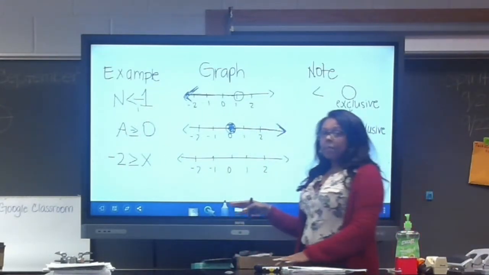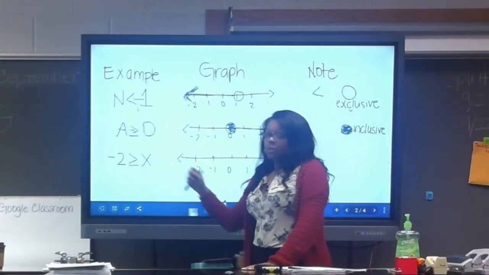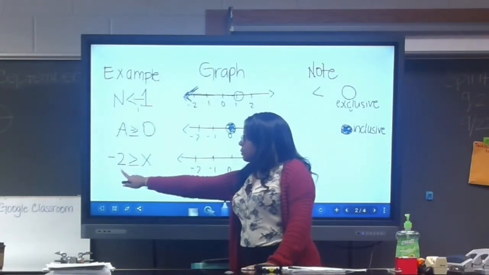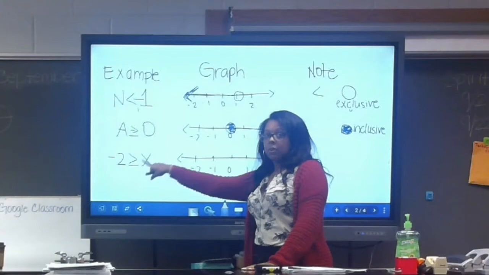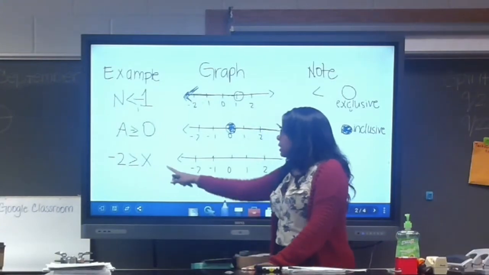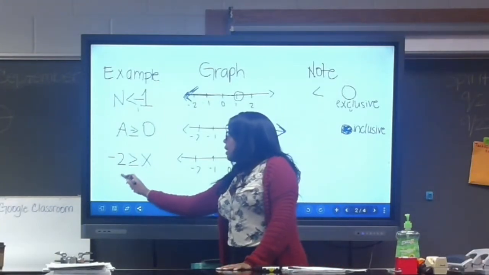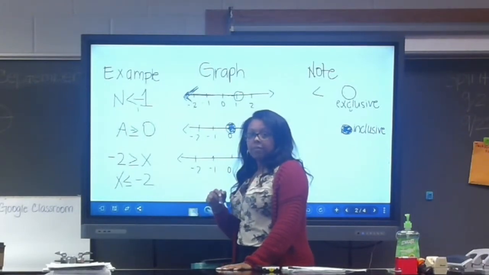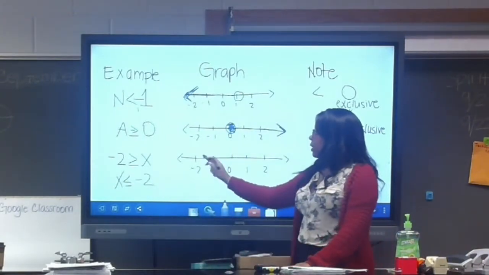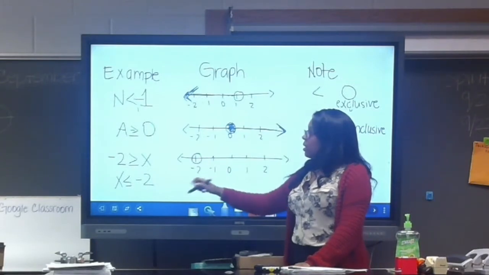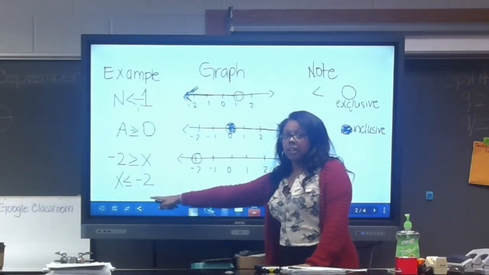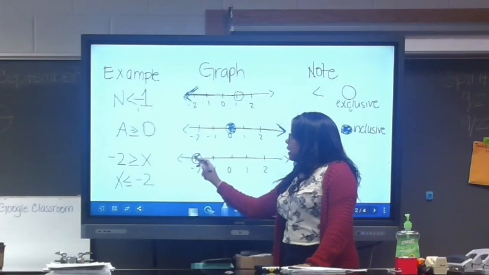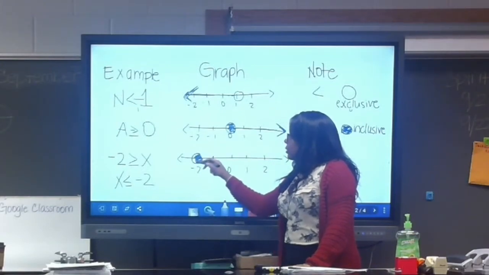In our final example, let's read it forward and backwards, and you'll see why. Negative 2 is greater than or equal to x. Well, this statement read backwards says x is less than or equal to negative 2. So again, we'll find negative 2 on our number line. Because that equal symbol is also there, we're going to give it a shaded or a solid circle.